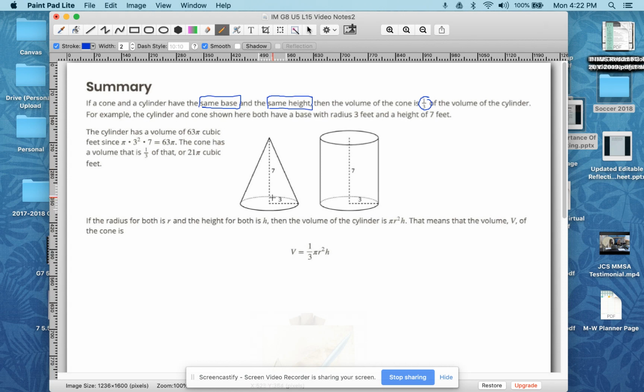If the height of the cone is 9 and the height of the cylinder is 7, this formula is not going to work. If you find one, you can always find the volume of the other by using this 1/3 or multiplying by 3. If you don't have that, you can just know that the volume of a cone is 1/3 times pi times the radius squared times the height.